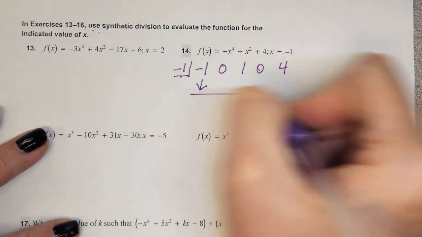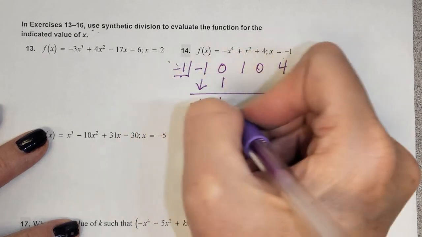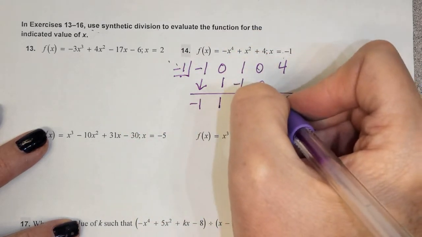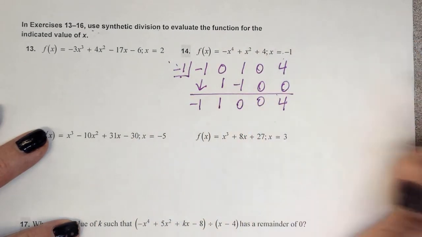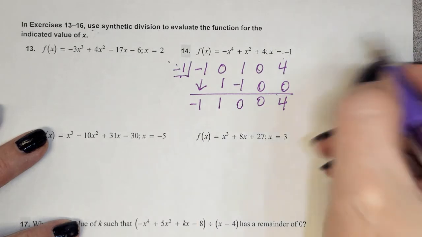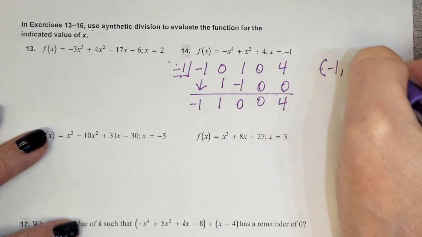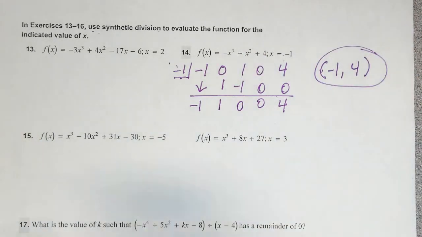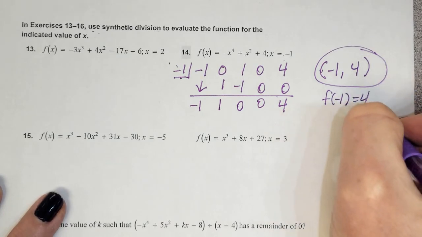I'm going to bring this down. I'm going to multiply, add, multiply, add, multiply, add, multiply, add. So the answer is when x is negative 1, y is 4. Or I could even say f of negative 1 equals 4.